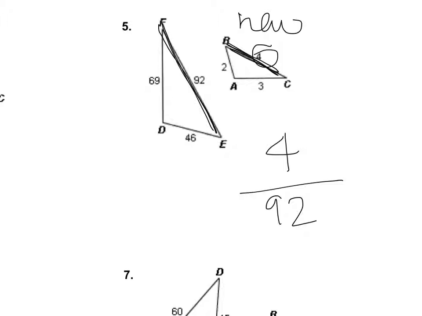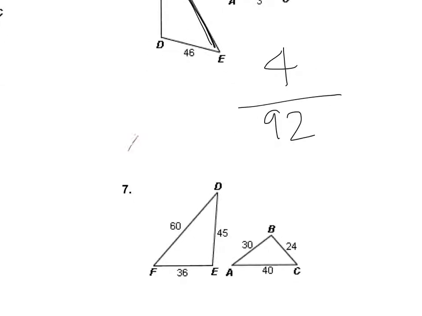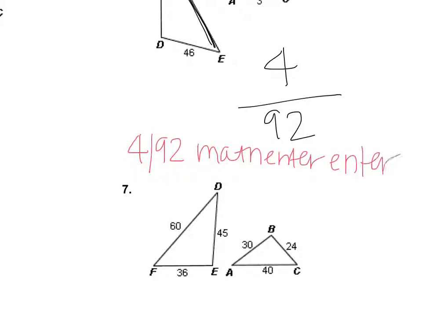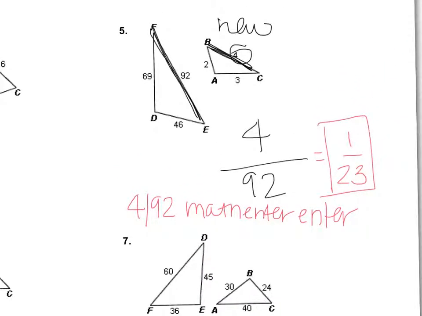I would just do, in your calculator, 4 divided by 92, and then hit math, enter, enter. And it's going to reduce it for you, and it's going to tell you that it's 1 over 23. So your scale factor would be 1/23, which means that this particular triangle, ABC, is 1/23 the size of DEF.